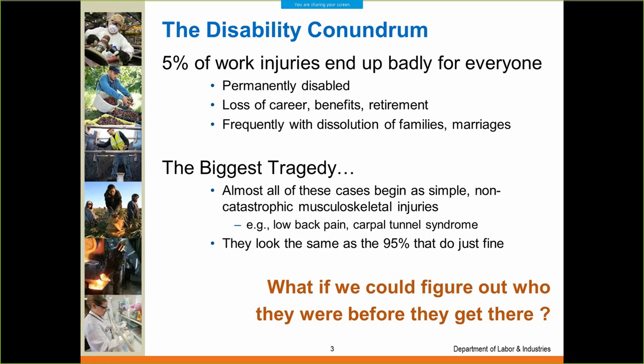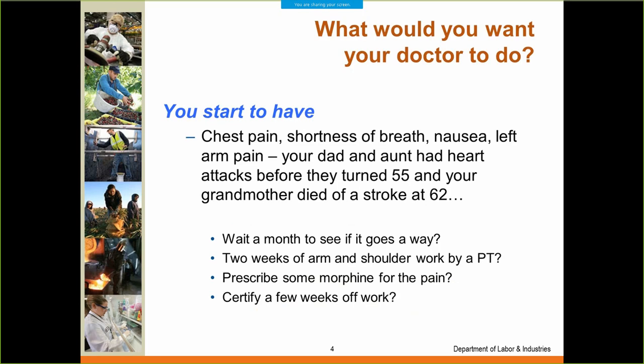And in the beginning, they pretty much look the same as everybody else. And so our big challenge is, what if we could identify who they are before they actually get to the disability stage?